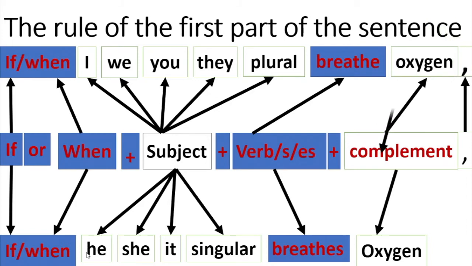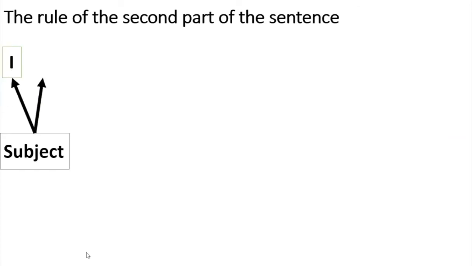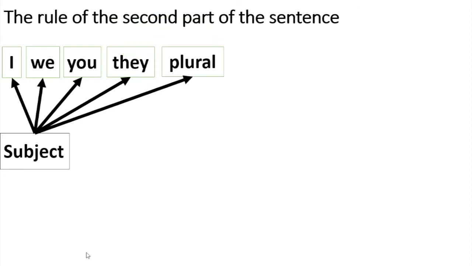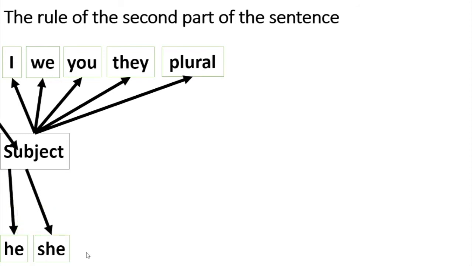Now let's have a look at the second part of the sentence. The rule of the second part: you also use the subject pronoun, that's I, we, you, or they, or a plural noun, or he, she, or it, or a singular noun.